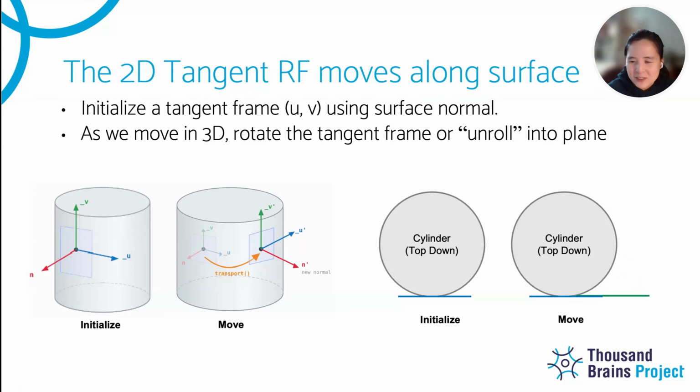I don't have good animation skills, but you have to imagine that if you move from here to here, your tangent frame has rotated, but the way that we accumulate path in 2D is that we have to unroll it out and continue on the original path. So this is just showing how you learn a 2D object when it's presented on a 3D surface. Yeah, that's what this is about.